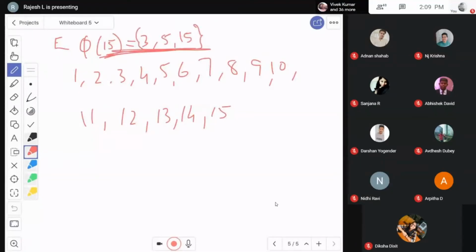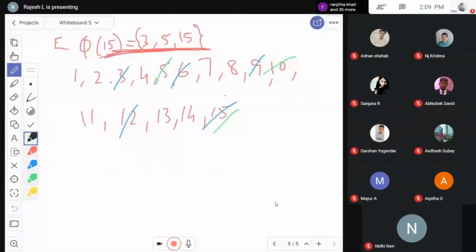So I will cross out the numbers divisible by 3: 3, 6, 9, 12, 15. Now I am going to cross out the numbers divisible by 5: 5, 10, 15. Again, the number divisible by 15 is 15.